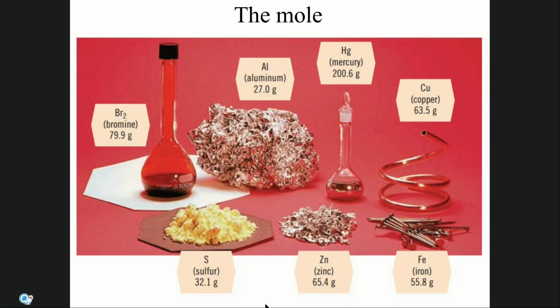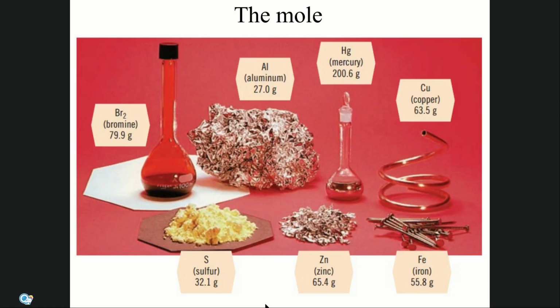The mass of 1 mole of atoms of a pure element in grams is numerically equal to the atomic mass of that element in atomic mass units. This is also called the molar mass of the element. Its units are grams per mole.